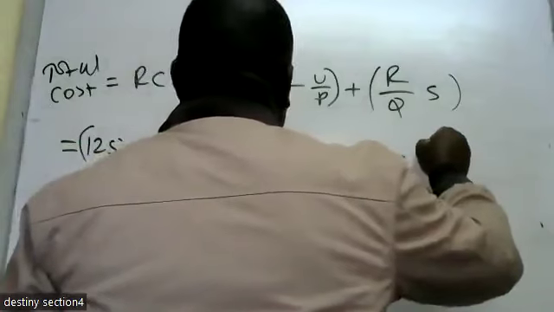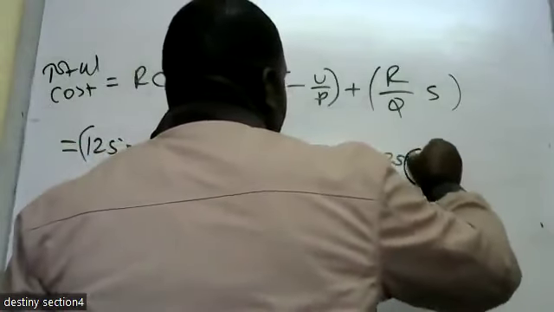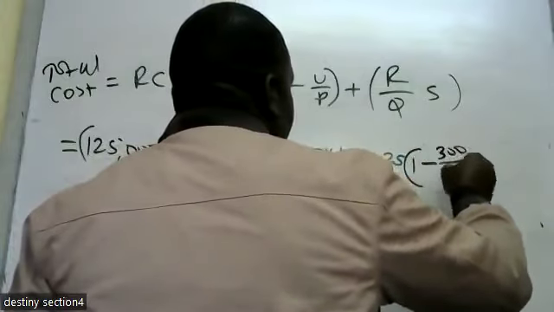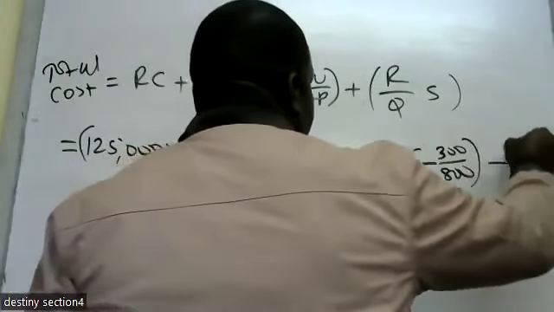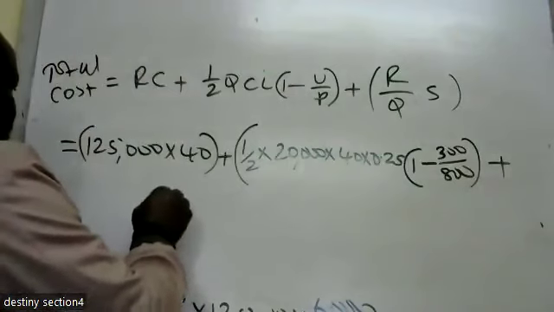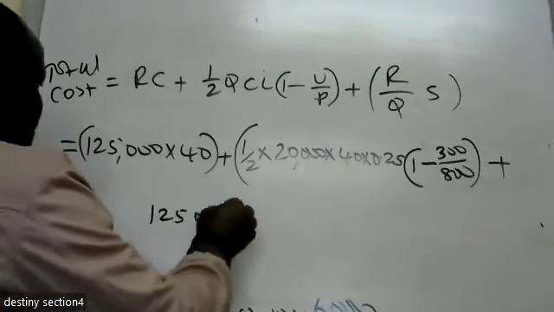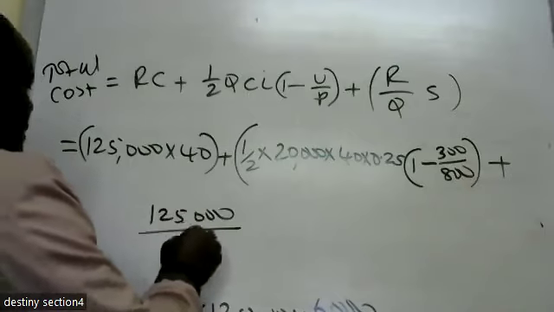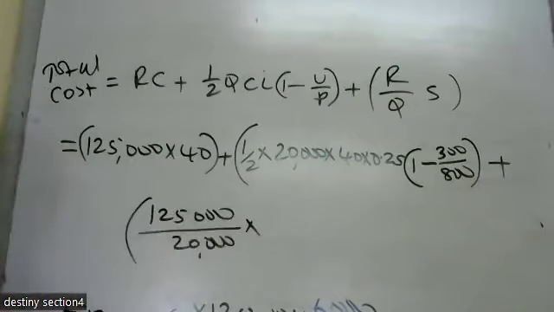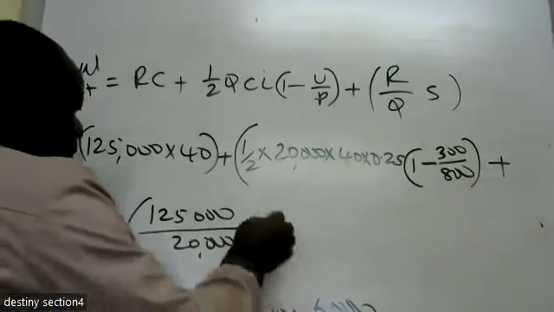Remember to multiply again by 1 minus 500 over 800. Then R over Q is 125,000 over 20,000, multiplied by S, or 6,000.